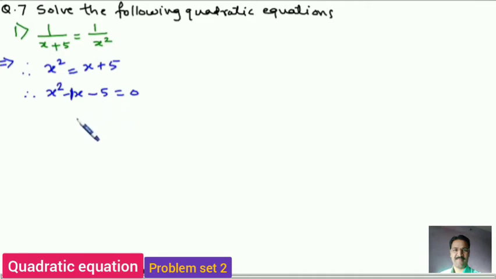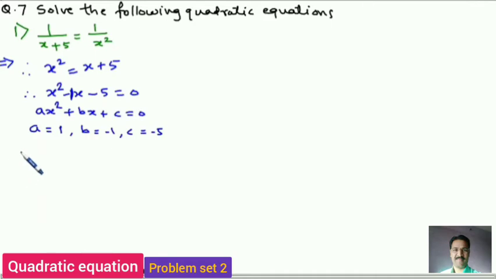So we'll compare with the standard form, that is ax square plus bx plus c equal to 0. By comparing, we get a is equal to 1, b is equal to minus 1, and c is minus 5. And we need first b square minus 4ac.